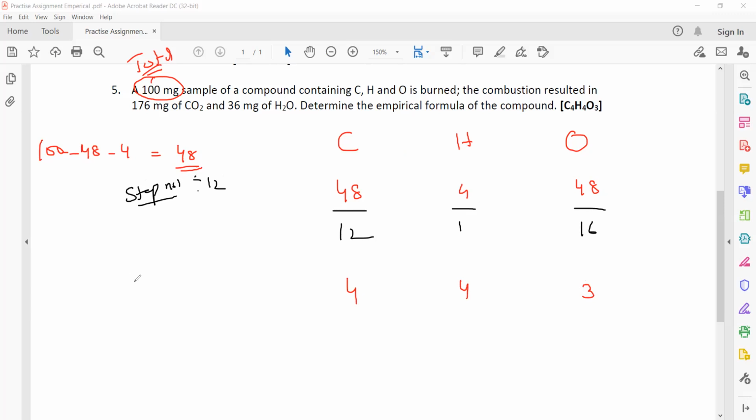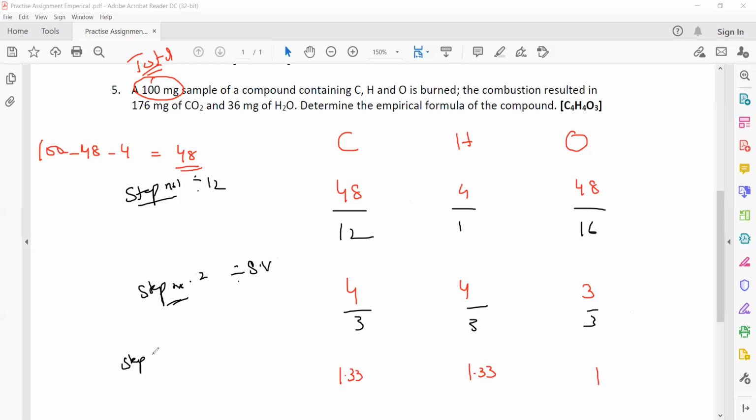Then step 2, divide by the smallest value, which is 3 here. So we divide all of them by 3. We get 1.33, because 4 divided by 3 is 1.33, 1.33, and this is 1.